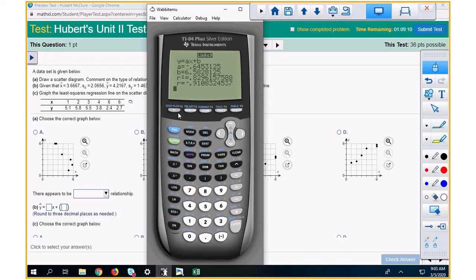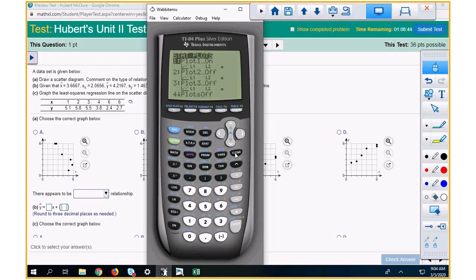Okay? And I want to do a stat plot on, and everything's already on. I'm just going to hit graph. And stat, is it 9 or 0? I'll find it.